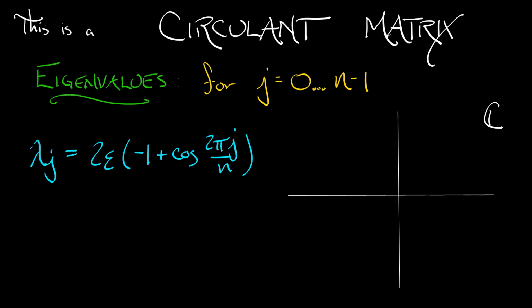If we visualize these eigenvalues, what you can do in the complex plane is draw a circle about the point negative 2 epsilon, make that circle of radius 2 epsilon, and then put n equally spaced points along that circle, with one of them, lambda 0, being at 0.